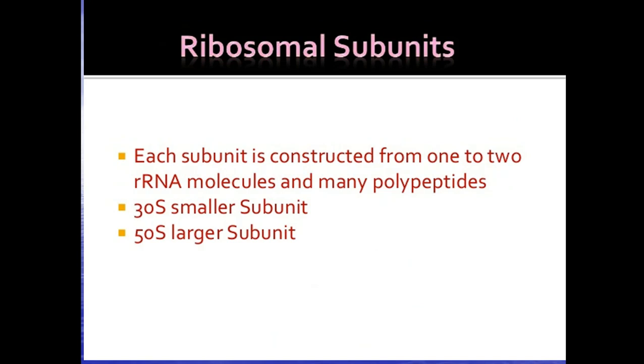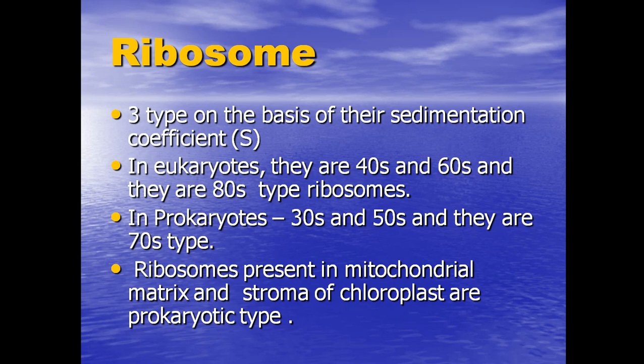For example, 30S smaller subunit, 50S larger subunit. In eukaryotes, they have 40S and 60S subunits, and the ribosome is known as 80S. See, don't get confused. A ribosome is made up of two subunits.